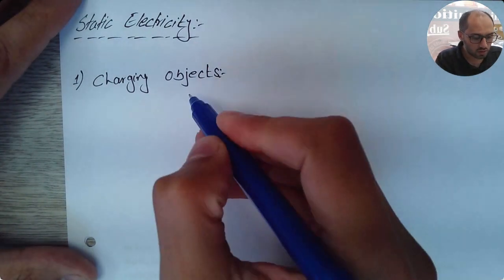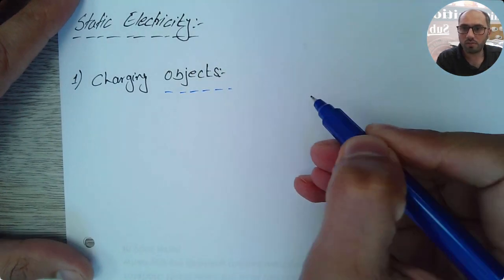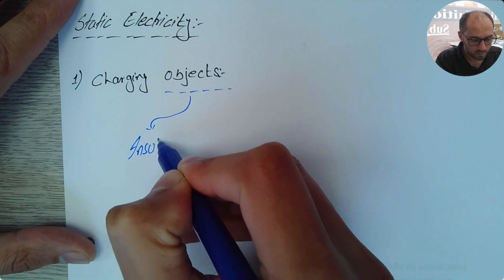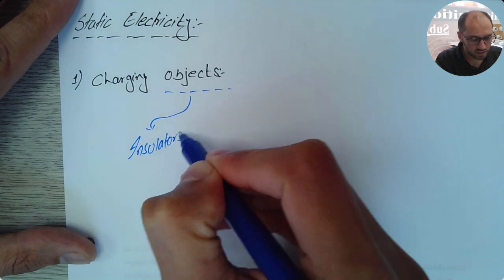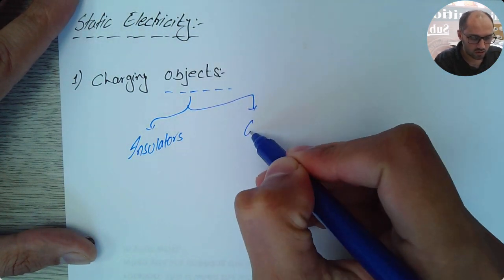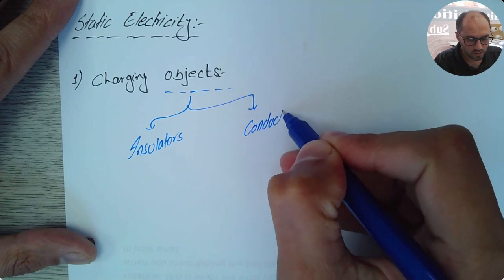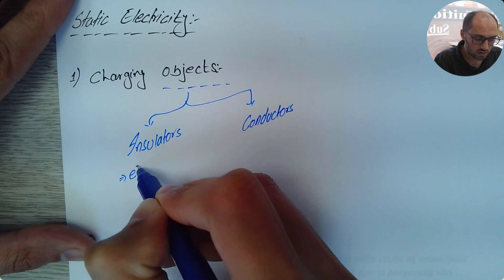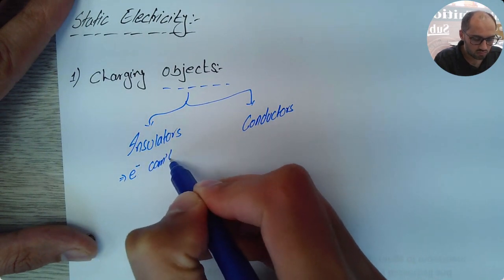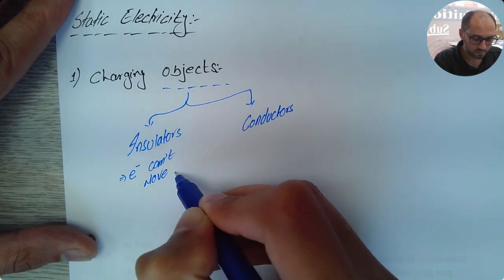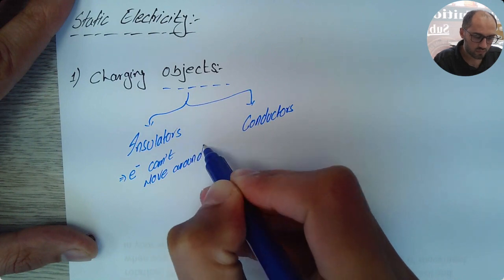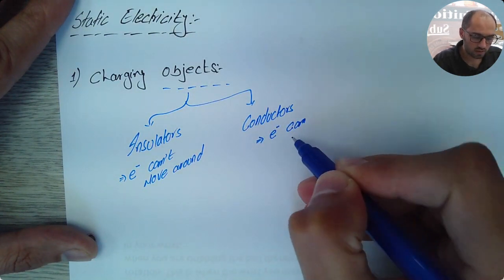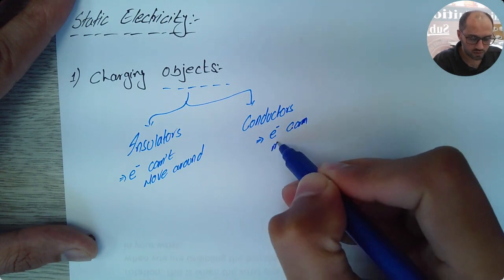Now, when it comes to objects, there are two types of objects. One are called insulators, and the other type are called conductors. Within insulators, I'll say electrons can't move around. When it comes to conductors, here electrons can move around.